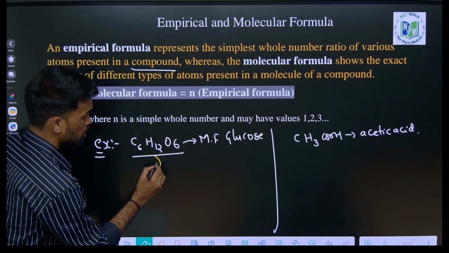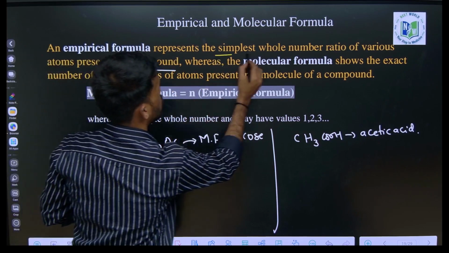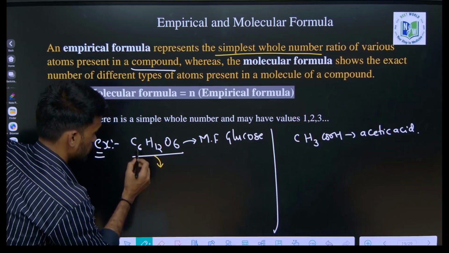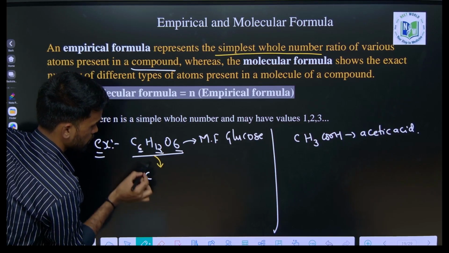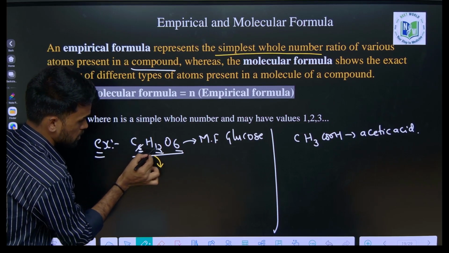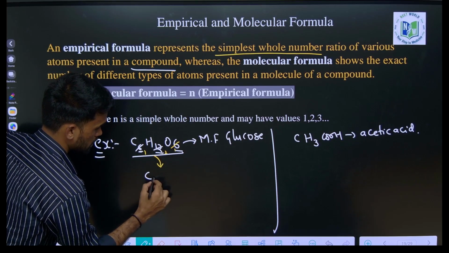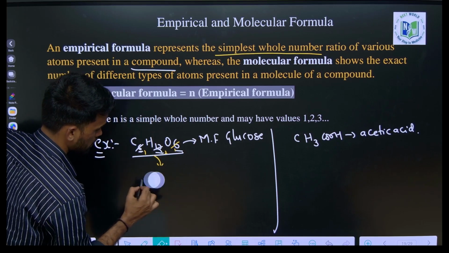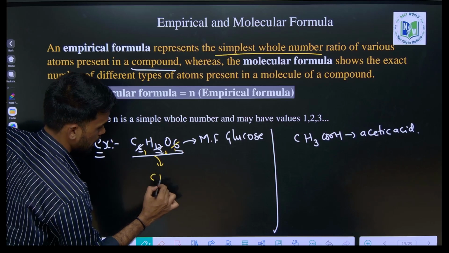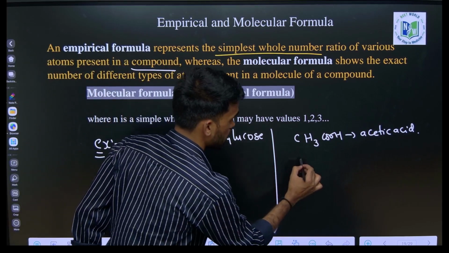Now what is the empirical formula? What I told you, empirical formula is the simplest whole number ratio. See how much whole numbers we have here. I can take the simplest possible whole number as 6, 12, 6 divided by 6, which is 1, 2, 1. It means C1H2O1, it means CH2O. Directly I can write it as CH2O here. And here also, if you see, how many carbon atoms are there? 2.